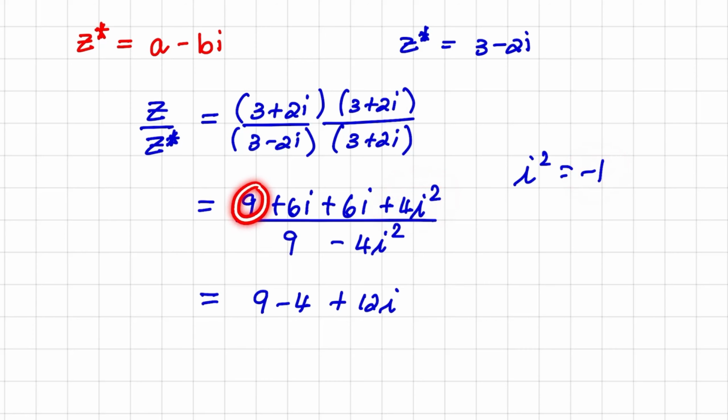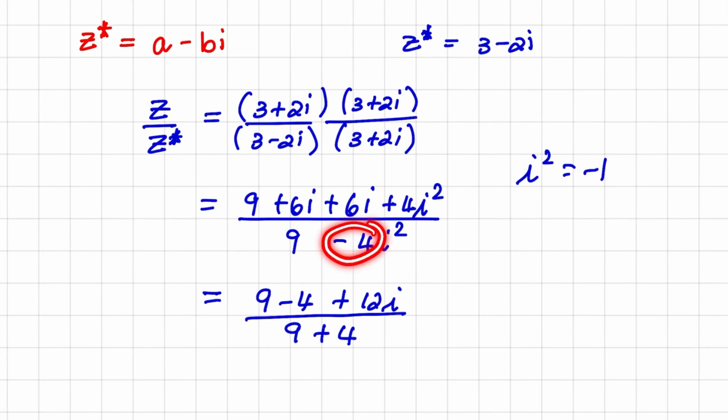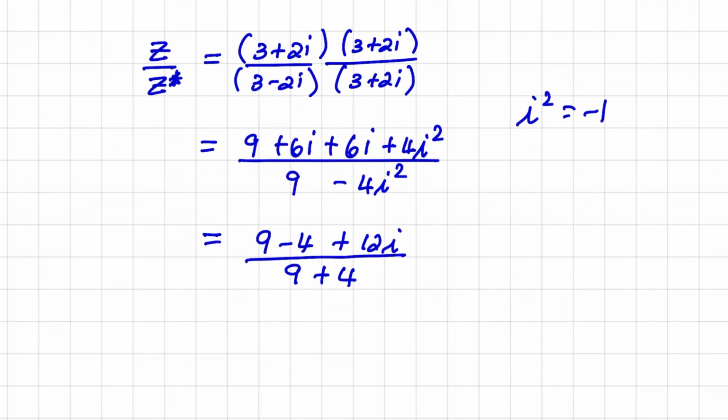So it's 9 minus 4, and then 6i plus 6i is 12i. And in the denominator, I have 9 plus 4, where negative 4 times negative 1 becomes plus 4. So if I simplify, I have 5 plus 12i over 13.